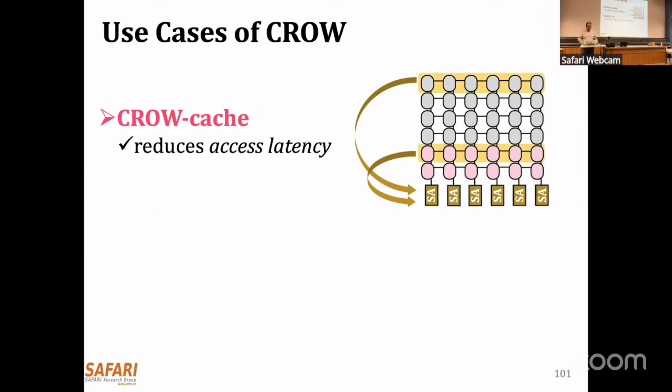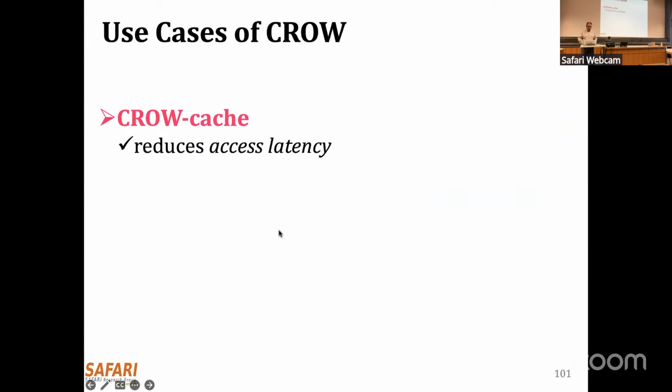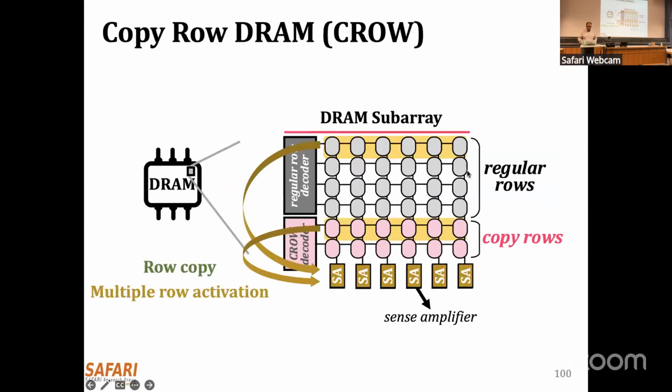If there are some regular rows that, through profiling, you observe to be weak rows, meaning you need to refresh them very frequently, you can remap those rows to the CROW region and read from there later on.